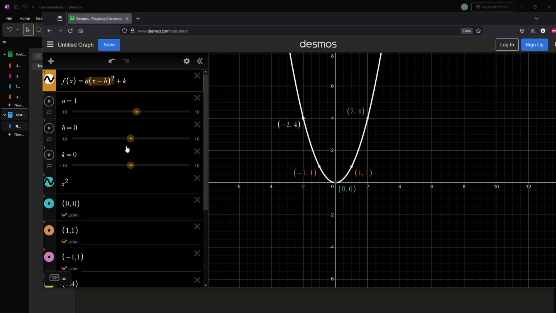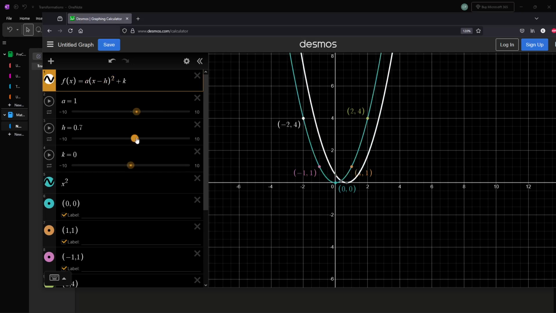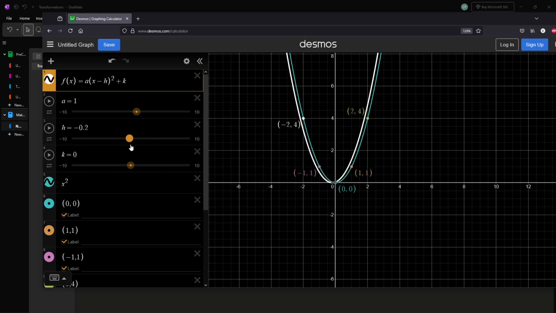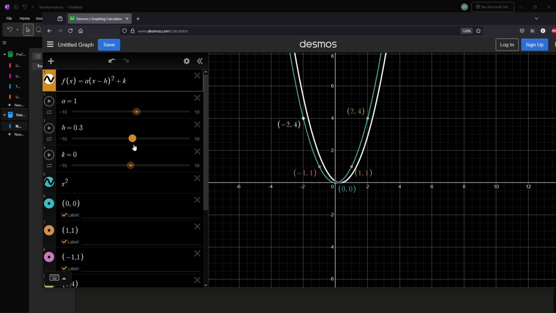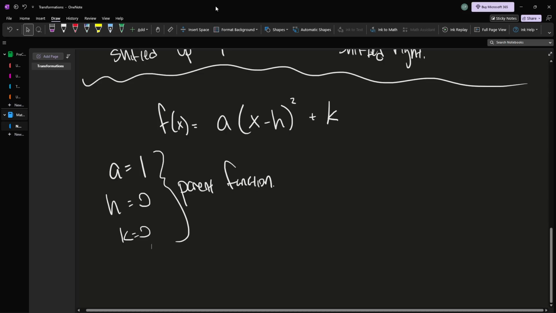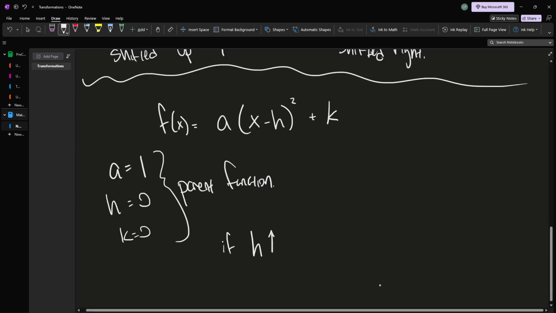But the problem changes. What if my values change? What if h changes? What happens to my function? You see that h, if I go from 0 to 1, I shift it to the right. So if h increases, I shift right.